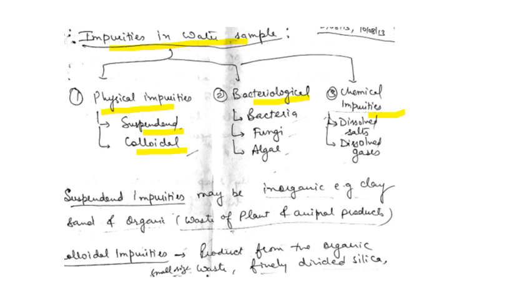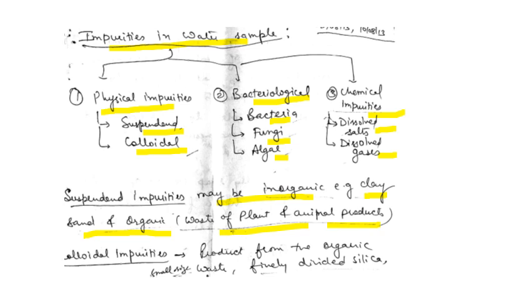They are also included in these fine impurities. Bacteriological impurities include bacteria, fungi and algae, and chemical impurities involve dissolved gases and dissolved salts. The suspended impurities may be inorganic, like particles of clay and sand, or organic, like waste of plant and animal products.